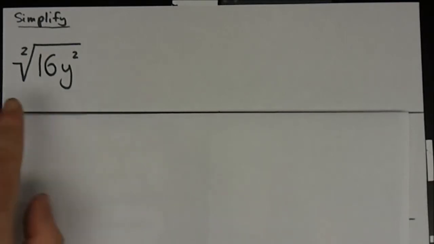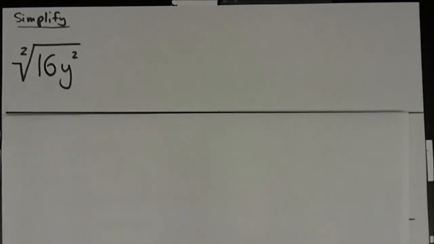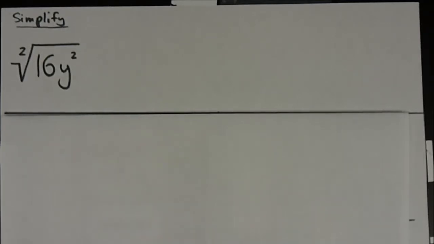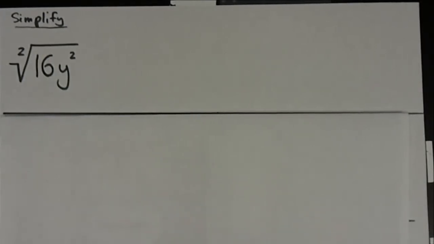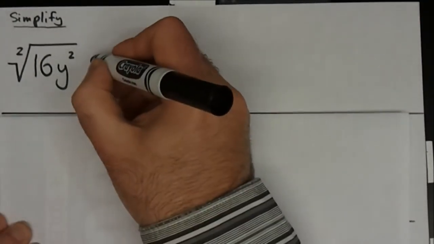What are the two different parts here that I see underneath the radical? Well, I see a number, a 16, and then I see the variable, in this case a y term. So I'm going to break those up and write them separately, just like this.